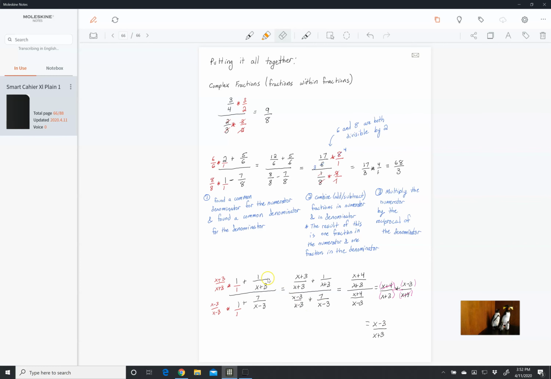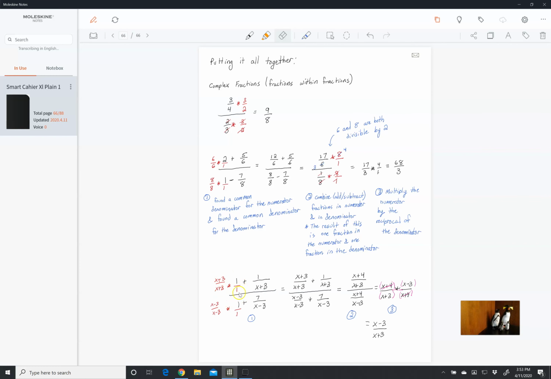Okay? So again, we found a common denominator. This is like step 1. We found the common denominator. This is step 2. We combined the fractions. And this is step 3. So here all we did is we multiplied to actually make this one fraction.